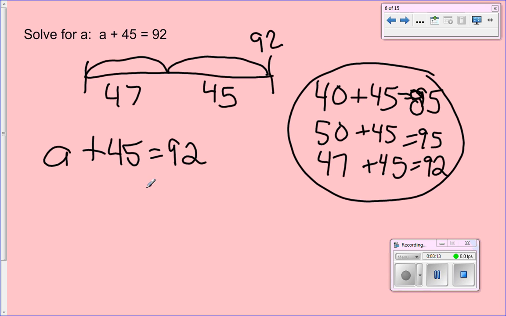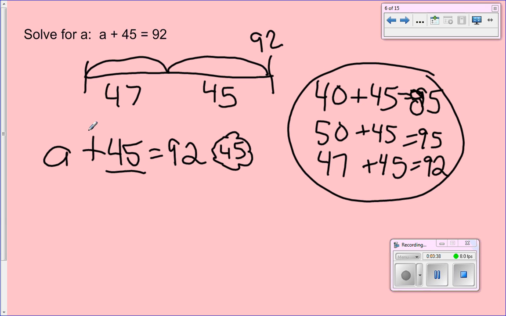It's the idea that if we have something on both sides of our equal sign, we need both of those sides to balance or to be equal. So if we have 45 over here, and I know I have at least 45 over here, it just happens to be inside my 92. And so if you have those values on both sides, you can cancel them out. You can cross them out.